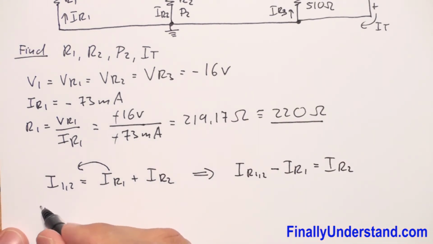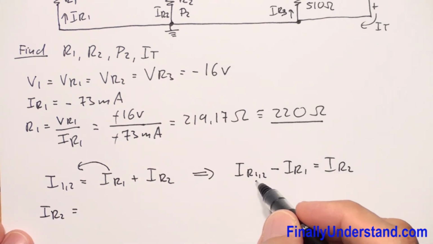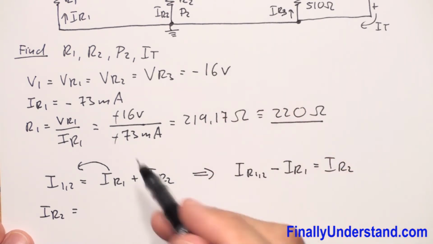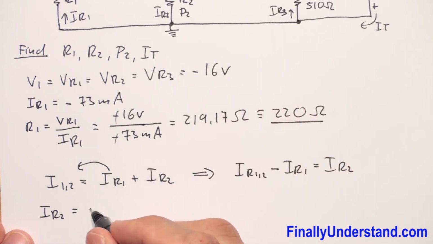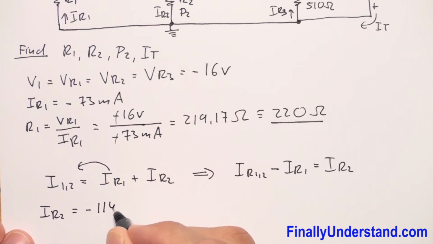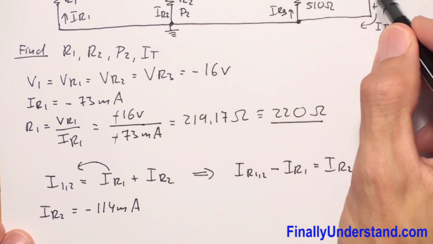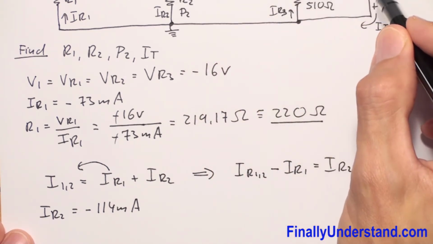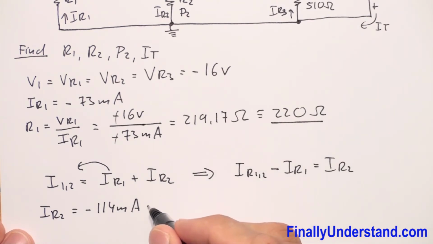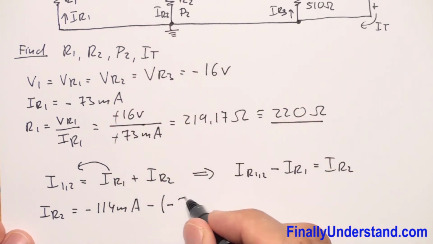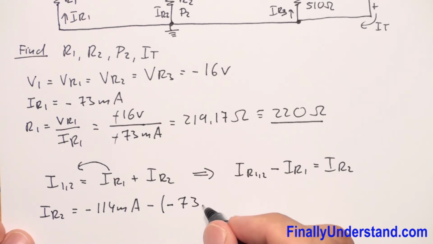So IR2 is equal to IR12, which is 114 milliamps, but it's negative 114 milliamps because the current is going to the voltage source, to the negative terminal. So minus, and I have negative, because this is also negative current, 73 milliamps.